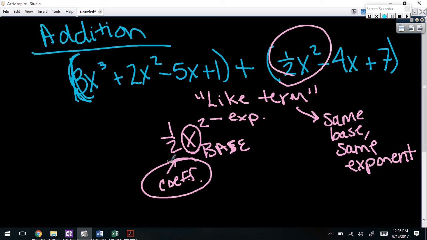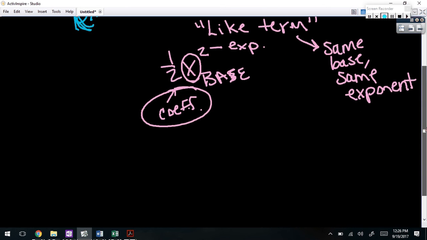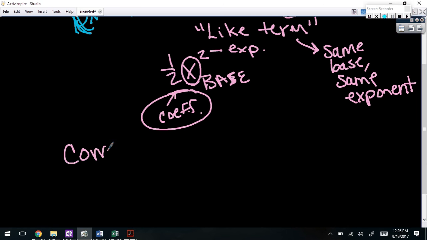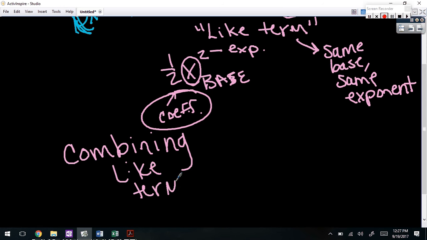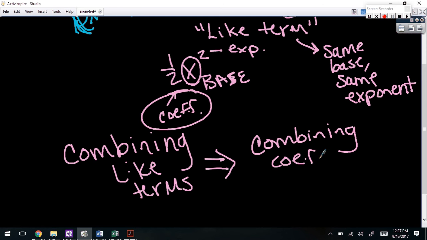So combining like terms is combining coefficients of like terms, right? Are y'all following me? Yes, ma'am. Okay.